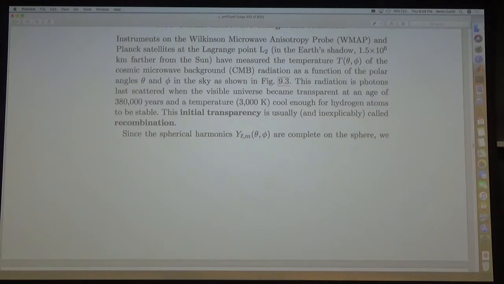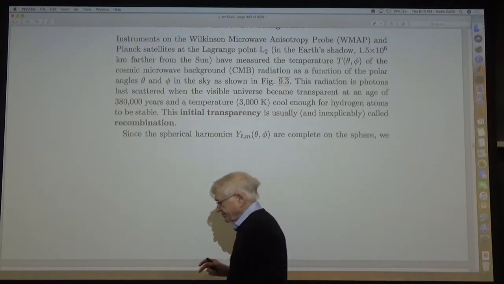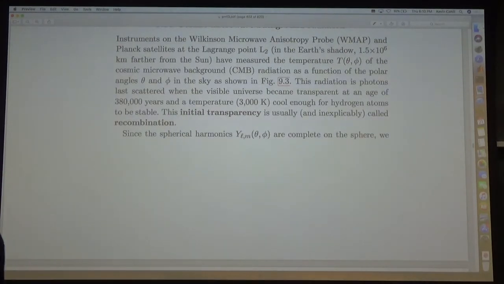So if you're in full sunlight, then the detector is blinded by the photons from the sun. And this Lagrange point is 1.5 million kilometers farther from the sun than the Earth. And it's a place where if you put something there moving at the right velocity, it stays at the Lagrange point and goes around with the Earth.